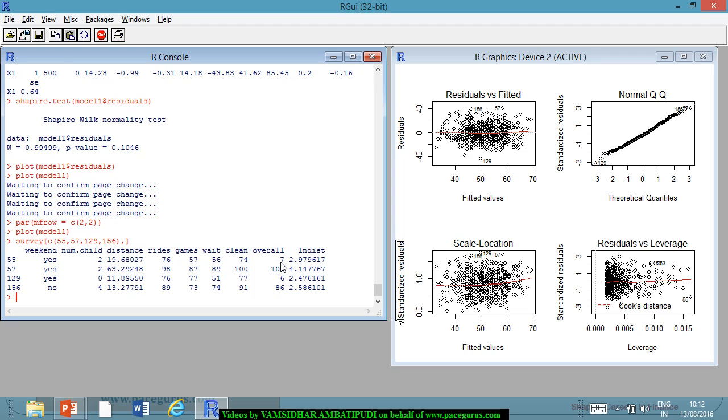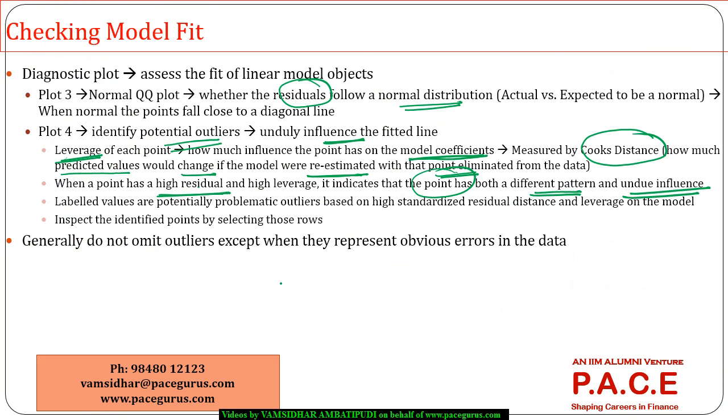But I think this overall satisfaction of 7 and 6, whereas in this case it is 100. So probably this could be the reason why these numbers are coming out more heavily here. But yes, if I want to really understand this and if I want to delete some of these records and redo the model, that is very much possible.